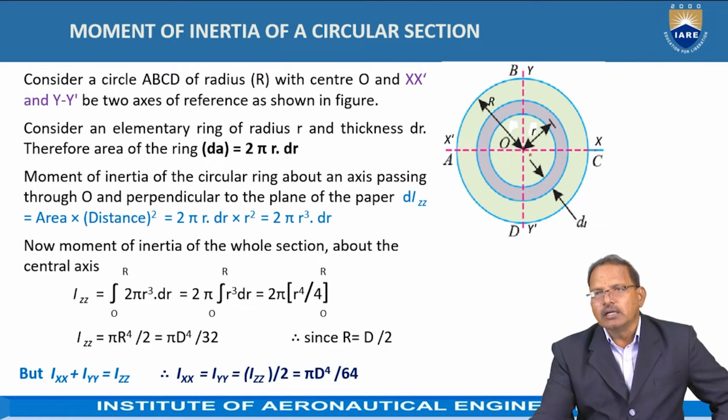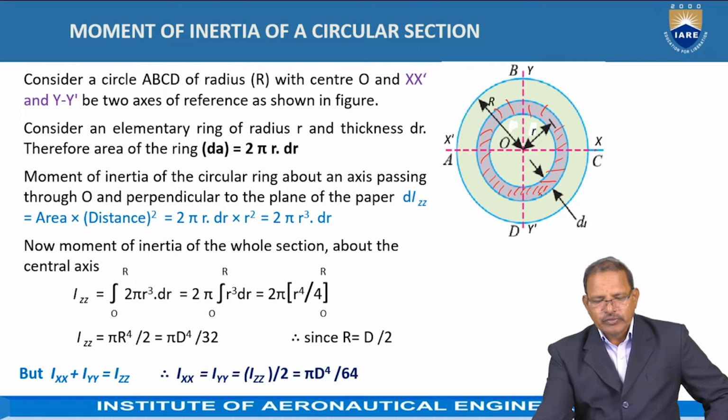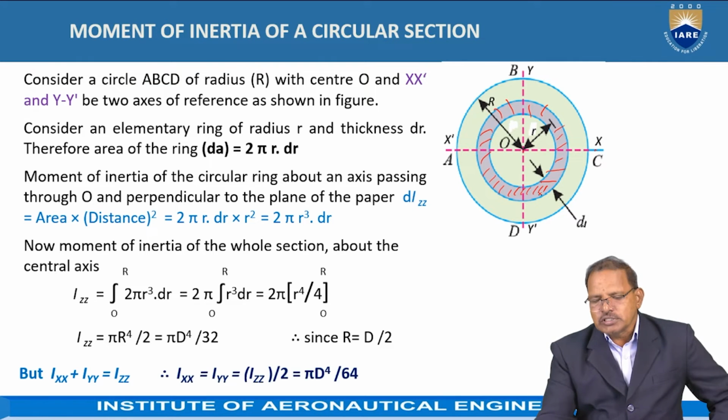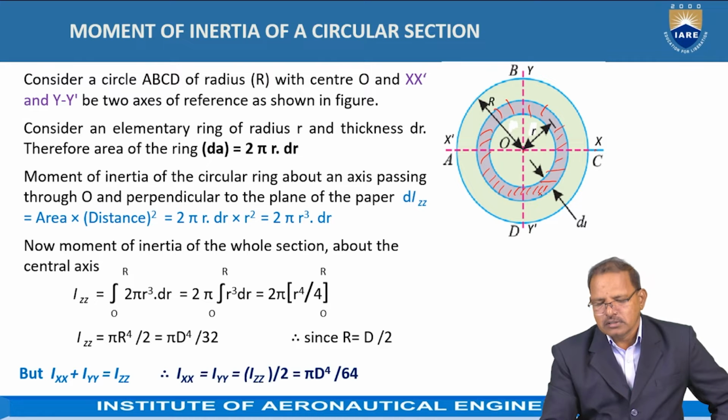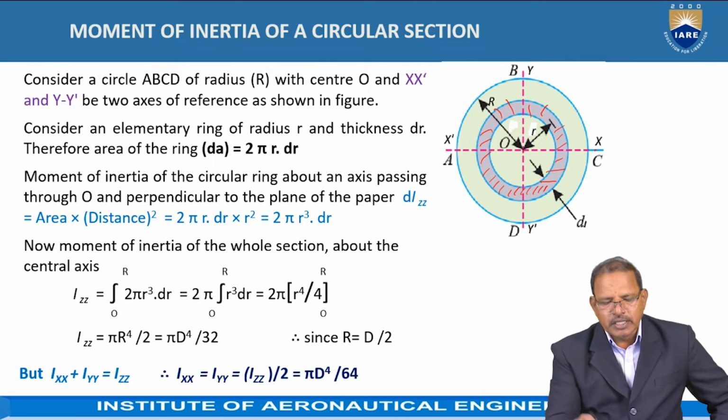Let us consider a ring of thickness dr at a distance r from the center of the circle, as shown in the figure. The moment of inertia of this ring about the z-axis is given by the area multiplied by the square of the distance.